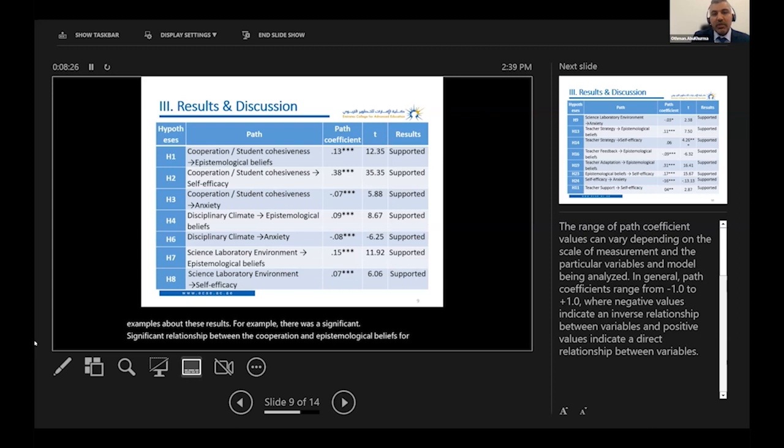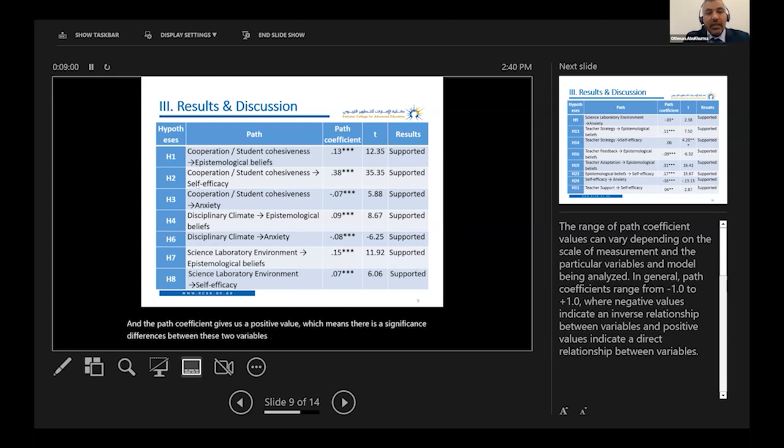For example, if a student feels that he needs help from his colleagues and he gets that help and support, this will affect his confidence in achieving any scientific concepts, or any scientific theories, and so on. So these theories were supported by the path coefficient, as you can see, and the path coefficient gives us a positive value, which means there is a significant difference between these 2 variables.